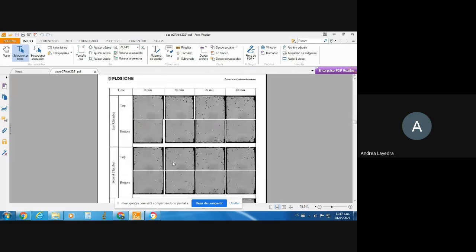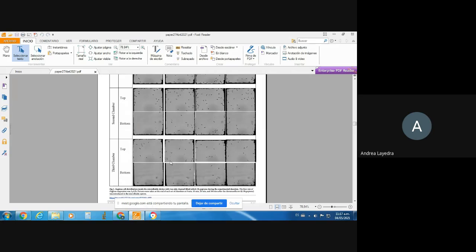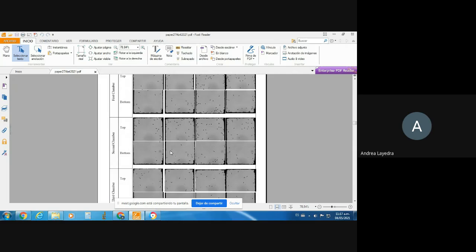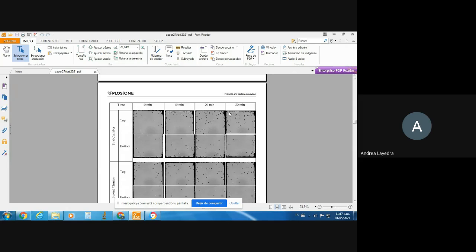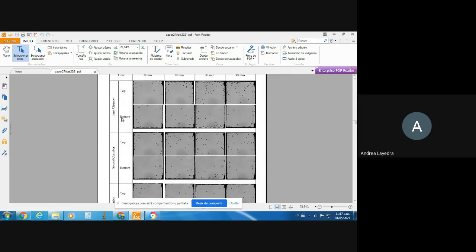In the results, you can see in this image from 0 to 30 minutes in the top and bottom chambers. Although there are no chemoeffectors, more Euglena cells reach the top sides of the chambers, and the cells gradually increase over time. And there is a greater number of cells in the upper chambers, in the 3 chambers.